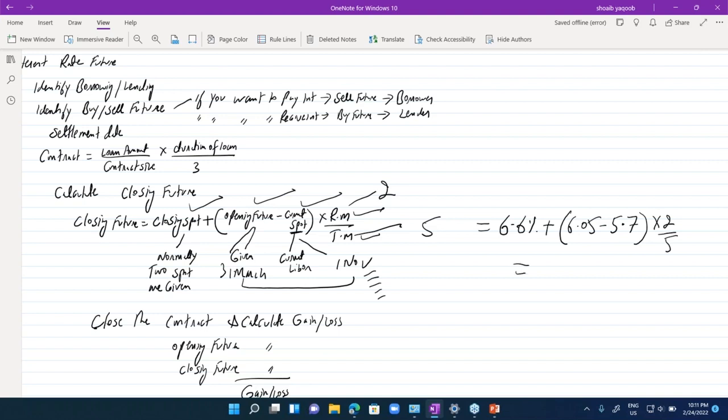Please identify what is the closing future. In interest rate future, closing spot will always be given. In currency future, closing spot will never be given. Even 2 closing spots will be given.